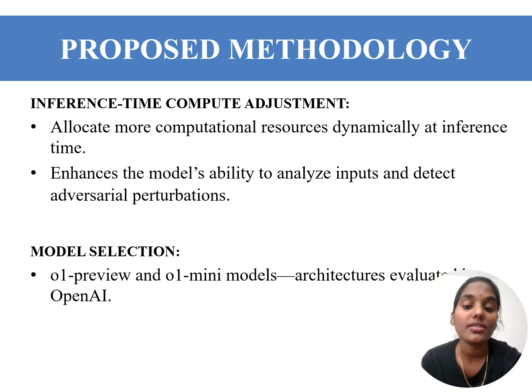By increasing this compute, the model can evaluate the input more thoroughly, making it harder for adversarial inputs to succeed. The strategy is to dynamically allocate more computational resources when the model detects inputs that might be adversarial. This can involve more internal layers being activated or deeper evaluations.